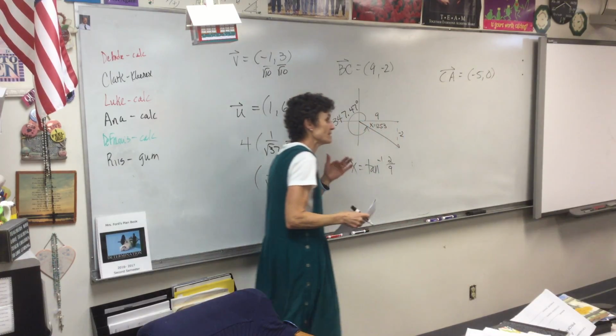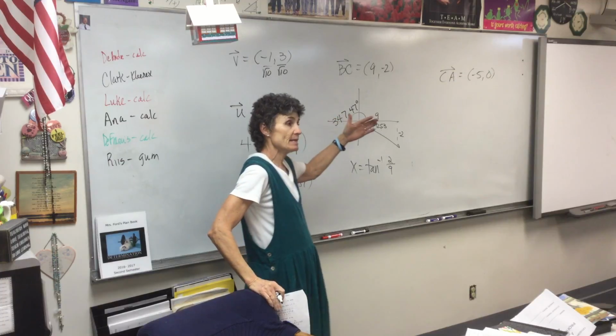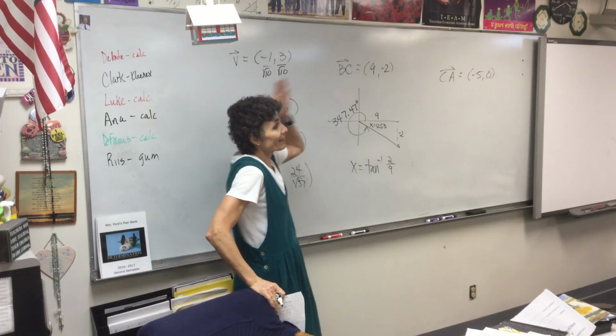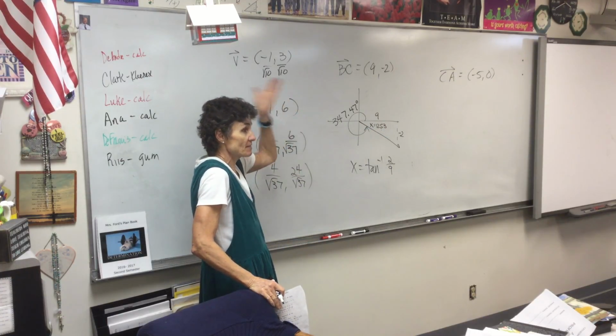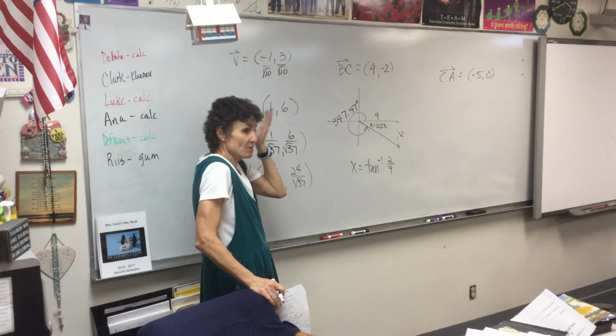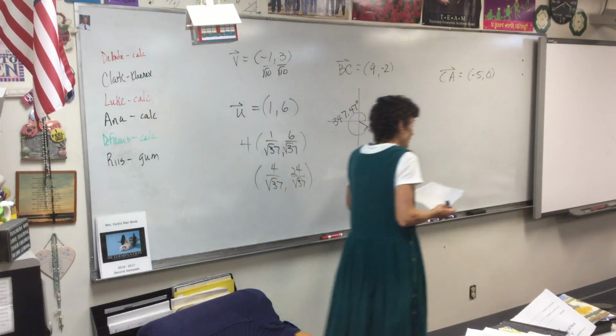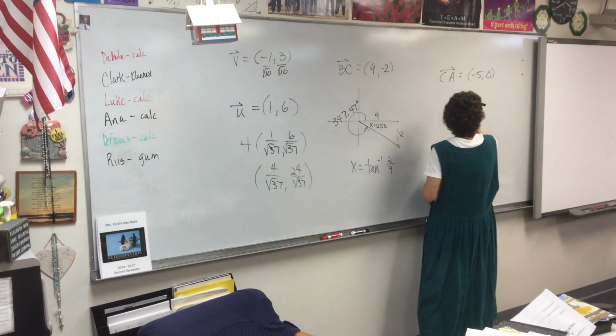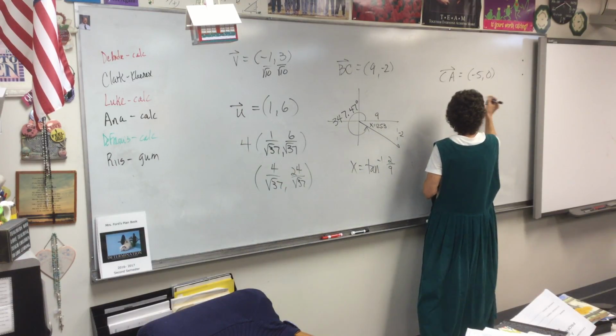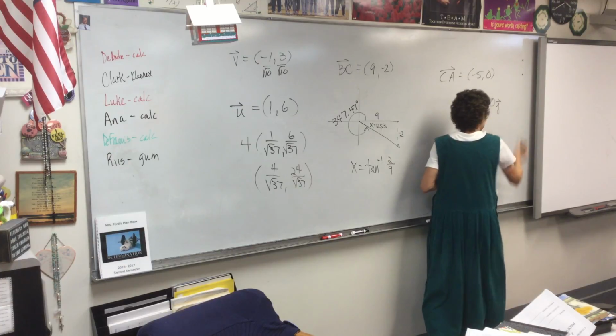Now what that means is, in moving from C to A, I take 5 steps back, and 0 steps up. So what is that in terms of i and j? Negative 5i plus 0j.